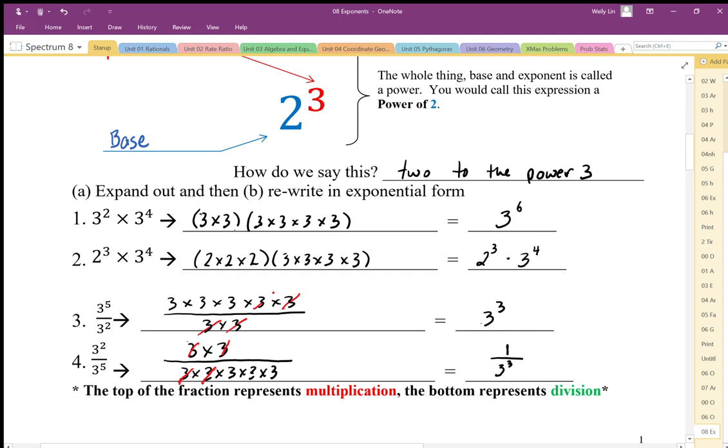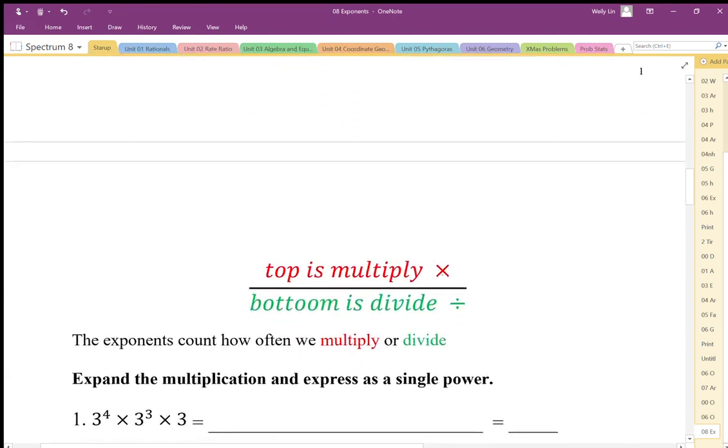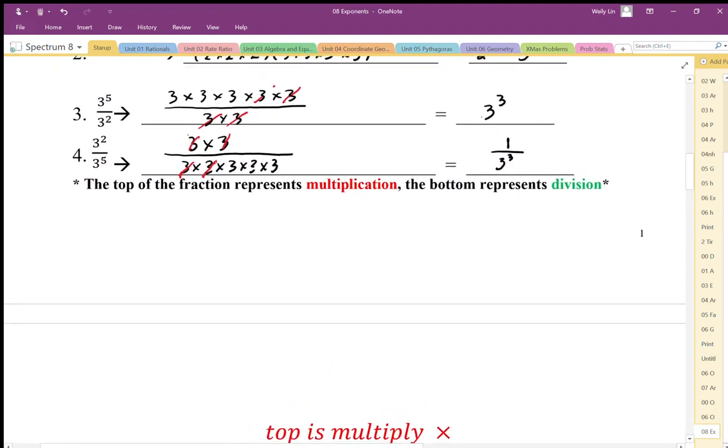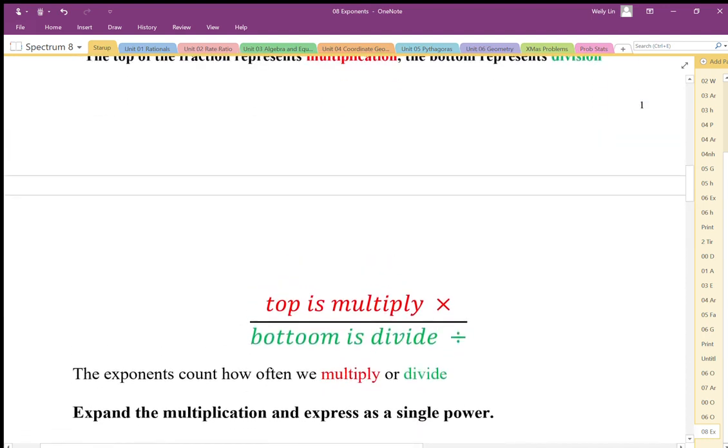So that's a very important thing that we should remember, is that times is top, bottom is divide. So when we have these fractions, if we have extra divides, we just count them in the denominator, and that would give us an appropriate use of exponents when we're counting divide. So exponent count on top is going to be counting times, and the bottom is going to be divide. And we can cancel things out if we have the same multiplier or divisor, if we have the same base.